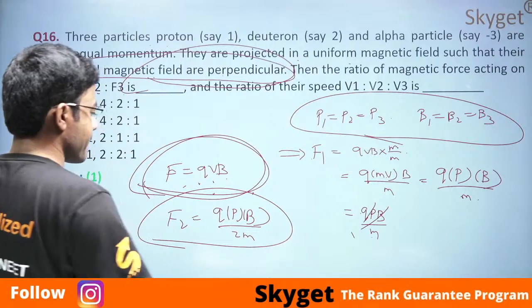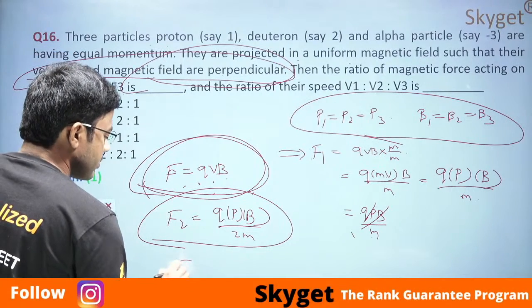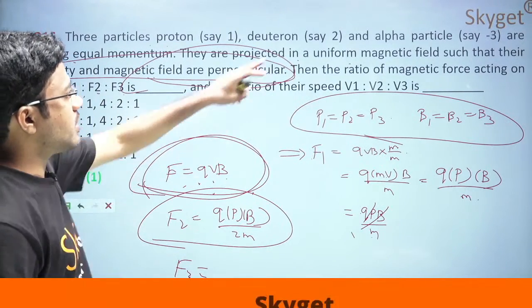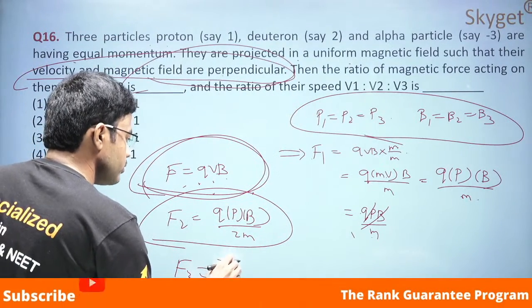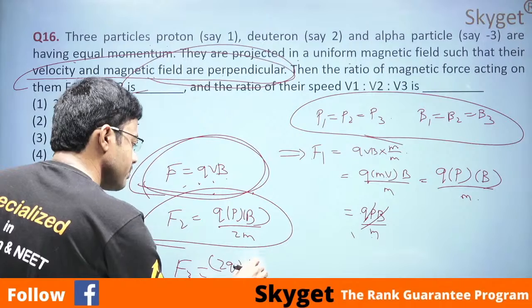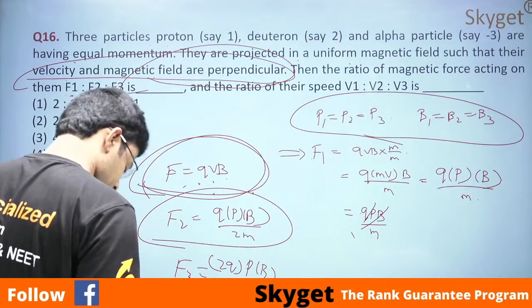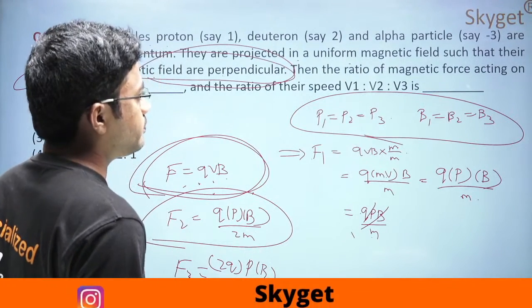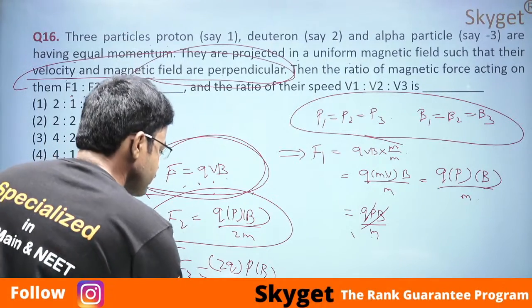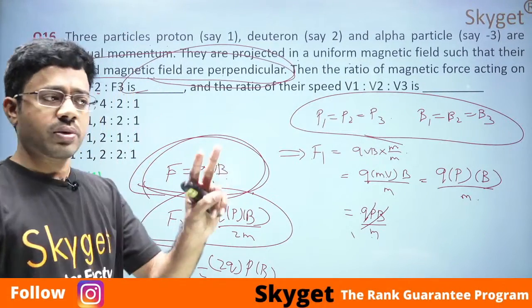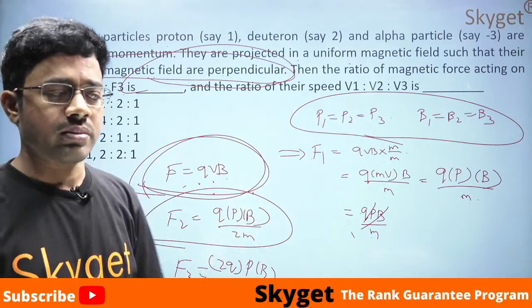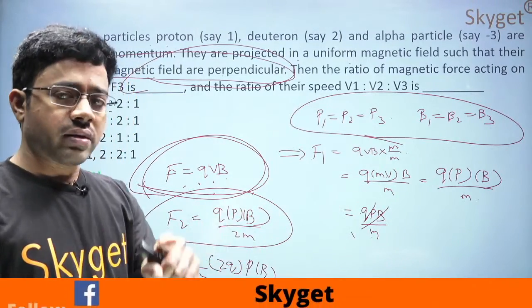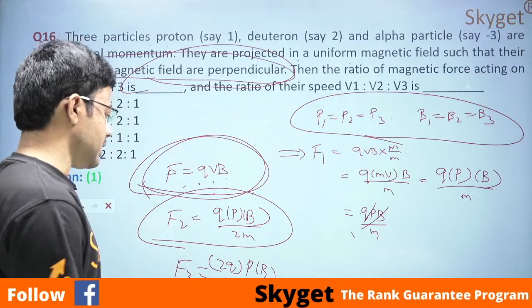Next, the third one, the alpha particle, where the charge is 2 times, so 2q, the linear momentum same, magnetic field same, and the mass is 4m, because it contains 2 protons and 2 neutrons, where the mass of a neutron is approximately equal to the mass of a proton. So you can write 4 times the mass of the proton.